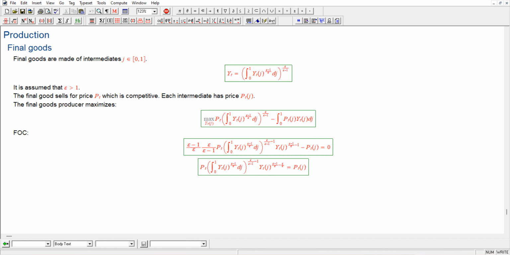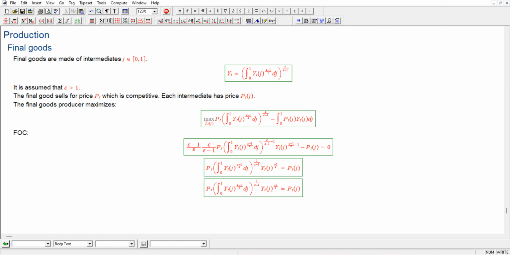Since we have common denominators, we can combine these terms, and that means that we end up with this. We can play the same game here. This 1 can be expressed as epsilon minus 1 over epsilon minus 1, and combining all these terms, we end up with this.